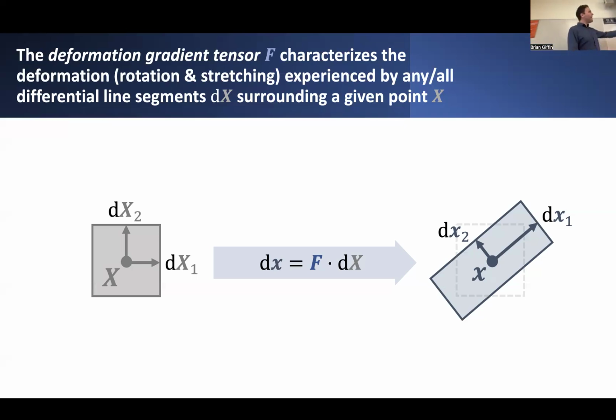So why do we care about all this? Again, because we'd like to come up with some description of strain that is invariant to the rotational portion of this deformation. However, obviously, we haven't really gotten rid of the rotation if we try to characterize deformations purely through this deformation gradient quantity, right? We have stretching going on, but there's also rotation.